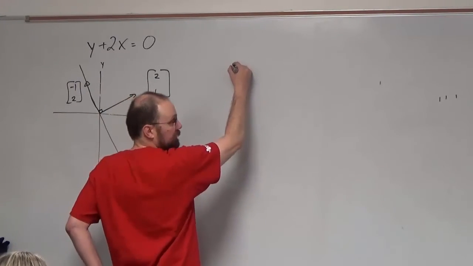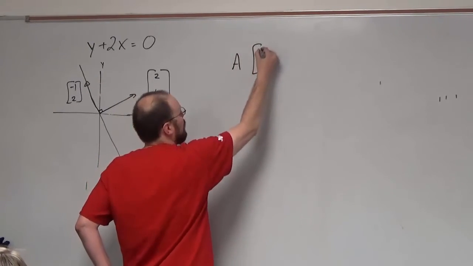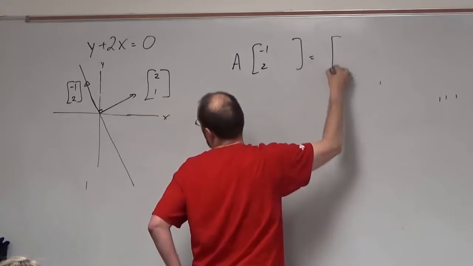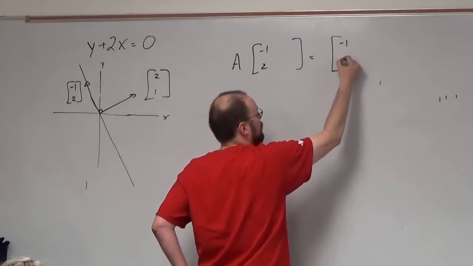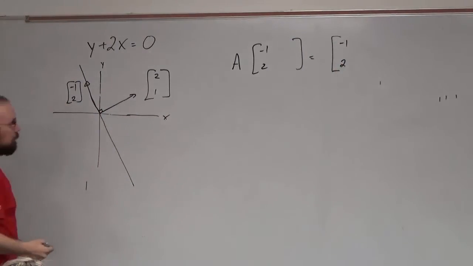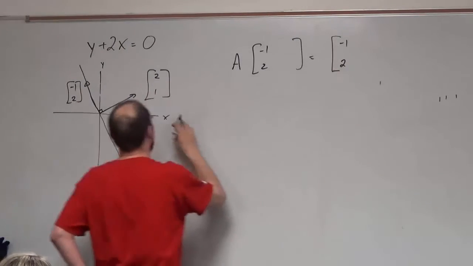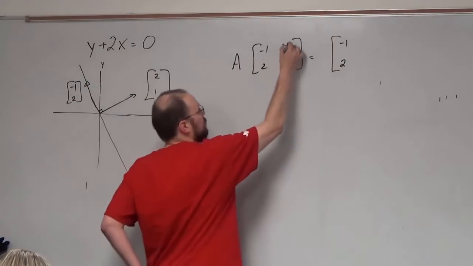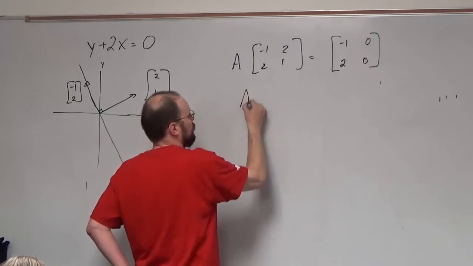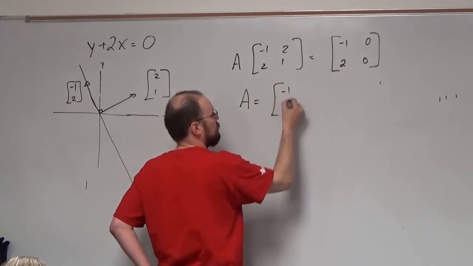So our projection matrix times -1, 2 will give you the same vector, because it's already on the line you're projecting onto, so it's already there. Times 2, 1, it's mapped into 0, 0. So we can find this matrix.